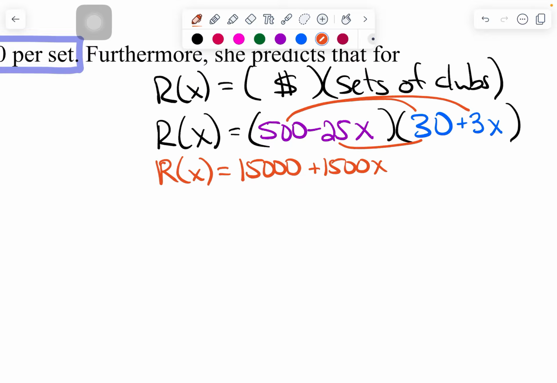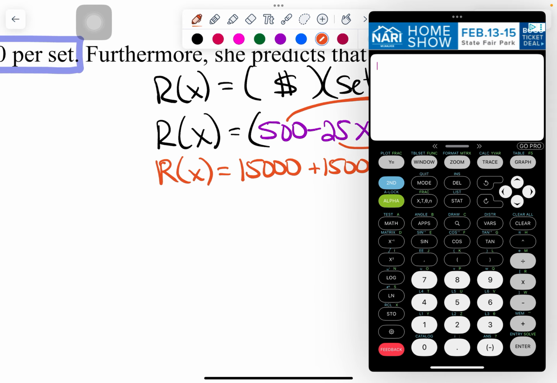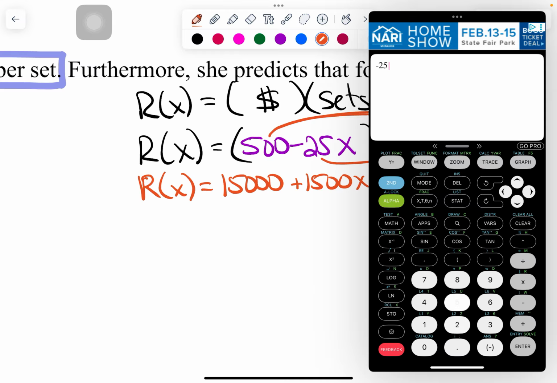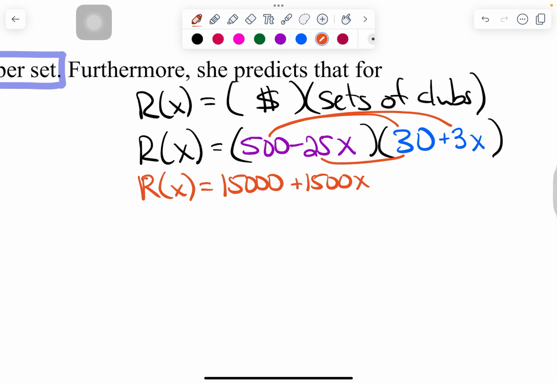Negative 25x times 30, that's not happening in my head. There's my calculator. All right, so negative 25 times 30, negative 750. All right, so negative 750x. And what am I missing here? So negative 25x times 3x. So it's going to be negative 75x squared.